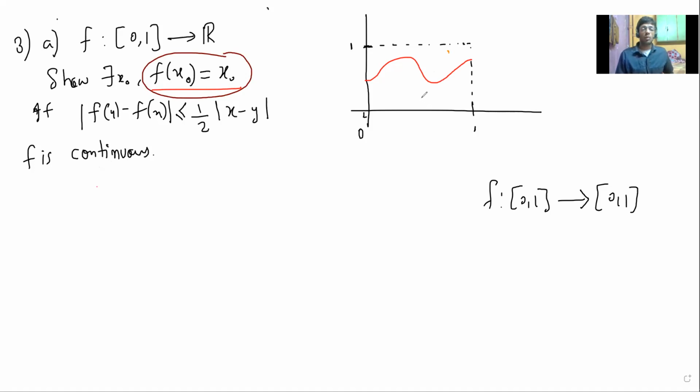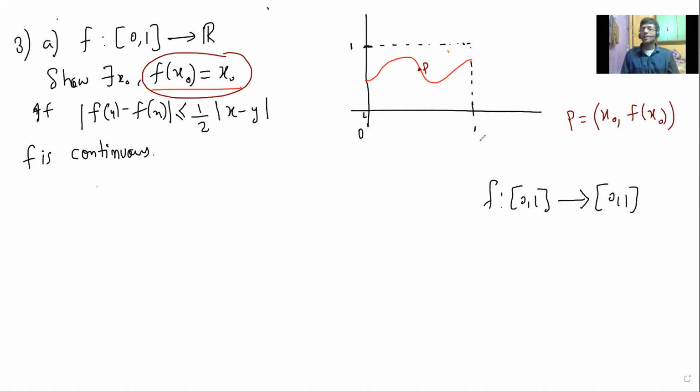So the question is, this f of x naught equal to x naught, what does this mean pictorially? It means that there is a point x naught and the image is always f of x naught. So there is a point P, and P is x naught comma f of x naught.